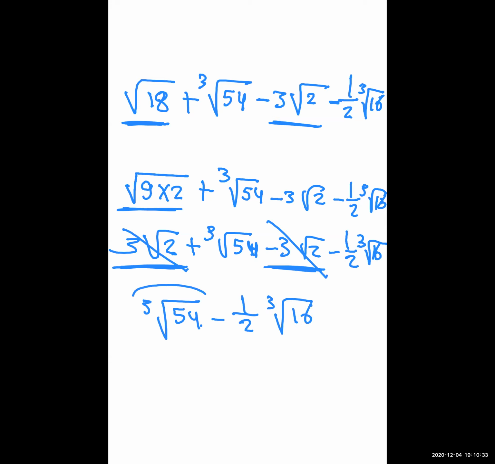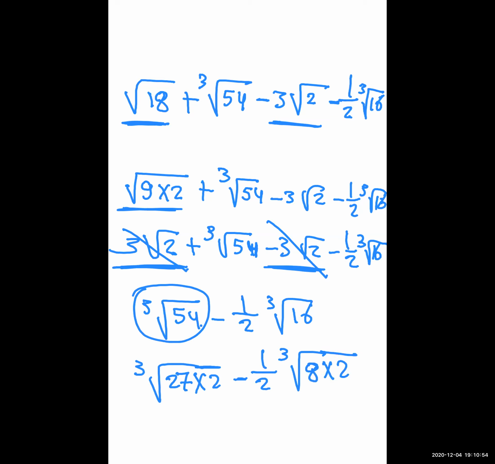Now this one, cubic root of 27 times 2, minus 1 over 2 cubic root of 16. How can I simplify this cubic root of 16, guys? Actually, it will be 8 times 2, right? Let me clear this part on the board to continue.